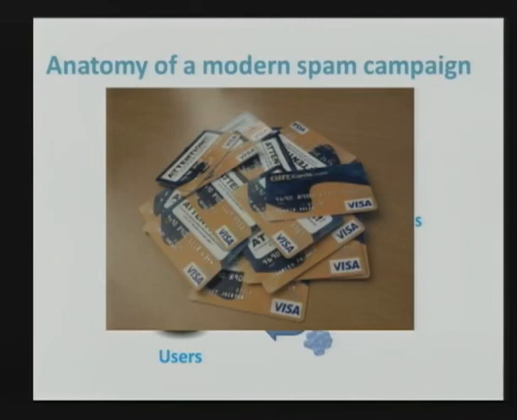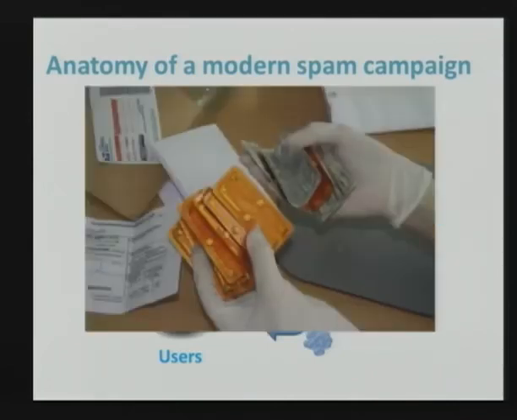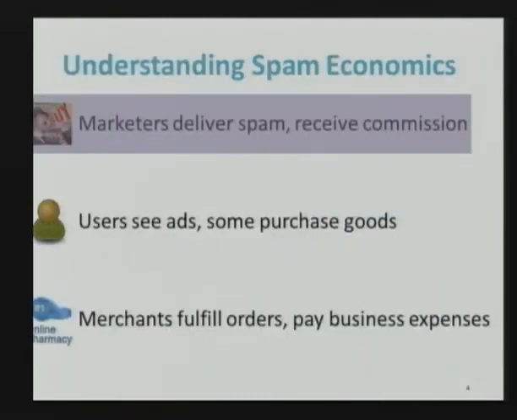So what they have to do is take a bunch of credit card transactions, and then actually ship you what it is that they're trying to sell you, and I'll tell you more about why they actually have to ship that later on in the talk.